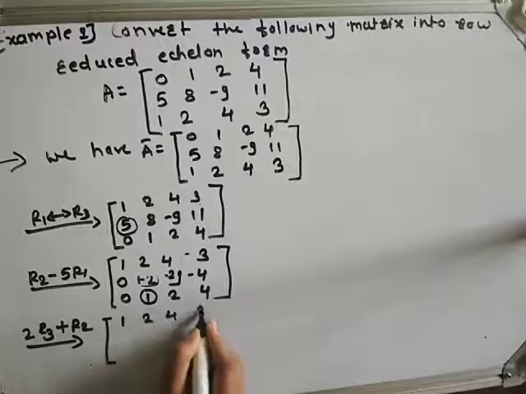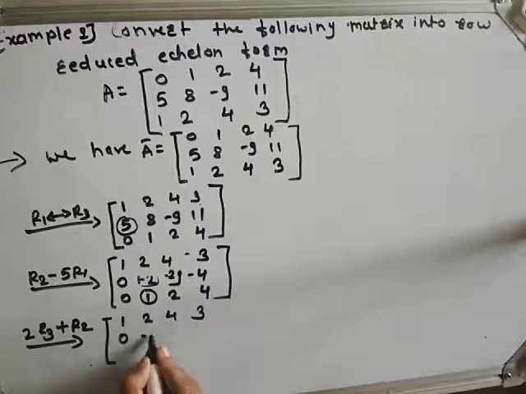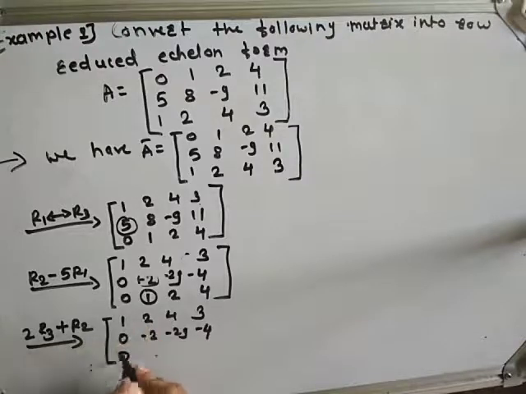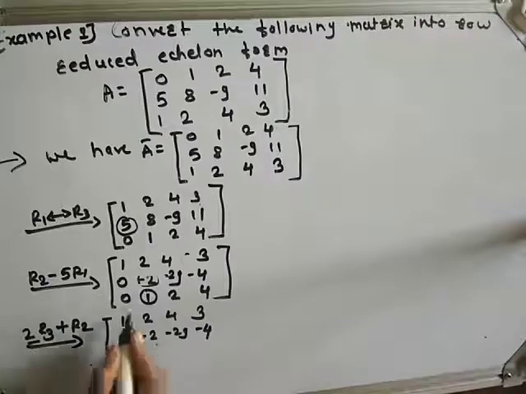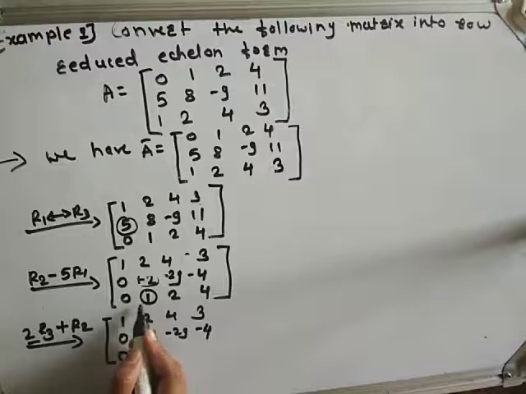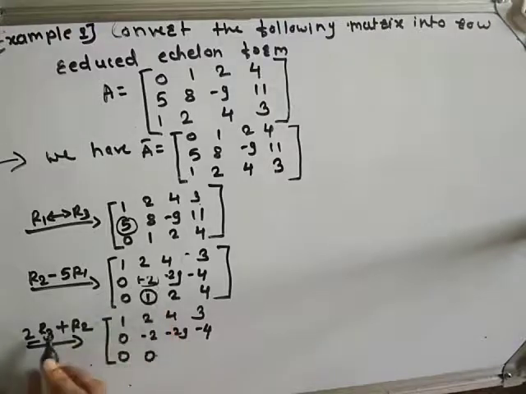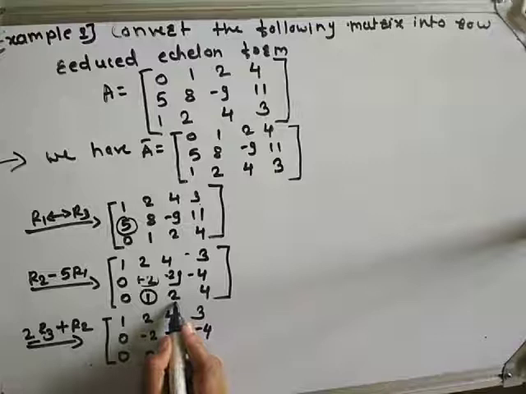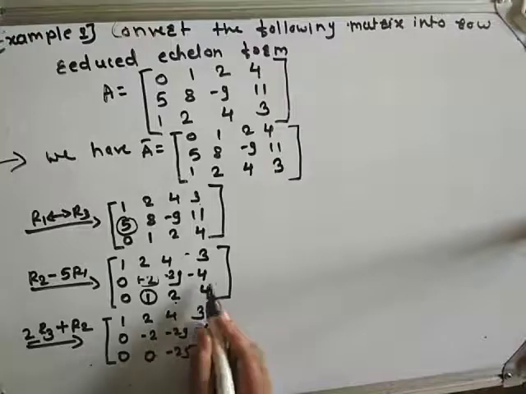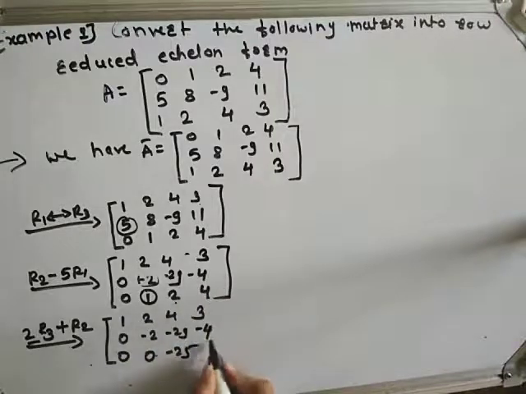Rows 1, 2, 4, 3; 0, minus 2, minus 29, minus 4; then 0, obviously 2 into 0 plus 0 is 0. Then 2 into R3 means 2 into 1 minus 2 is 0, 2 into 2 is 4, 4 minus 29 is minus 25, 2 into 4 is 8, minus 4 is nothing but 4.